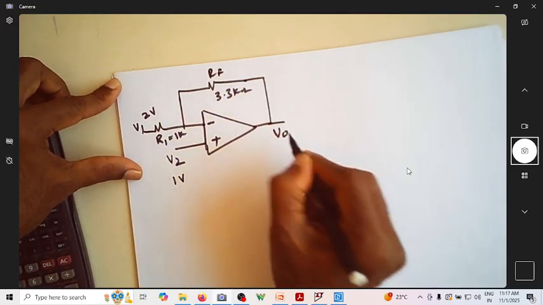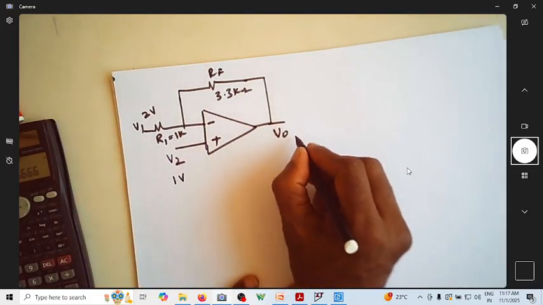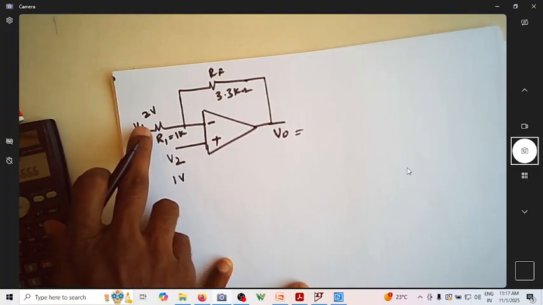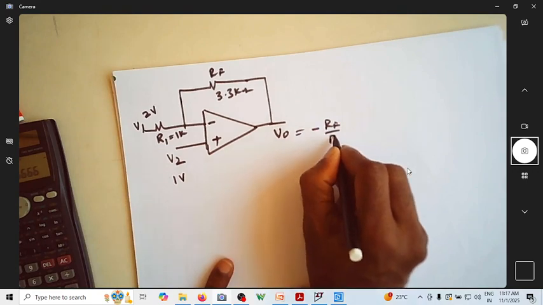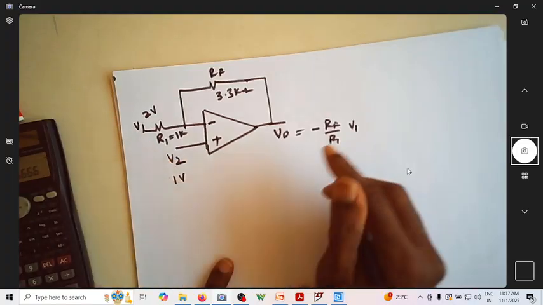So I want to know what is V naught. So now V naught is due to both the inputs. So first let us consider this input, let us not consider this input. If you consider only V1, is it not minus RF by R1 times V1 when you are not considering V2?